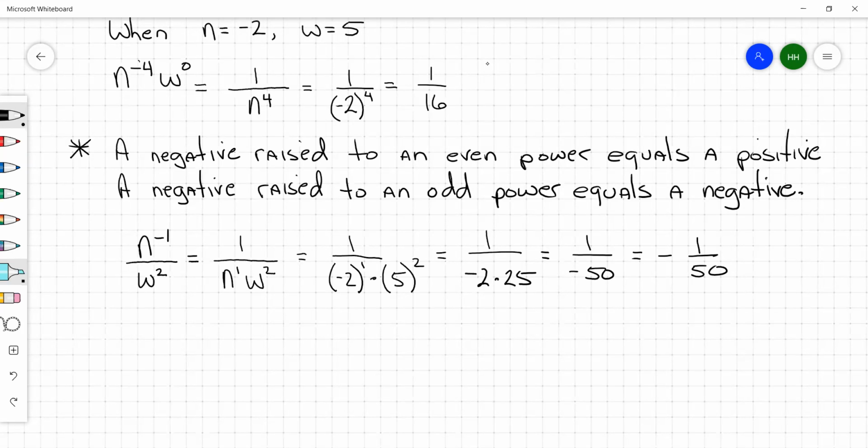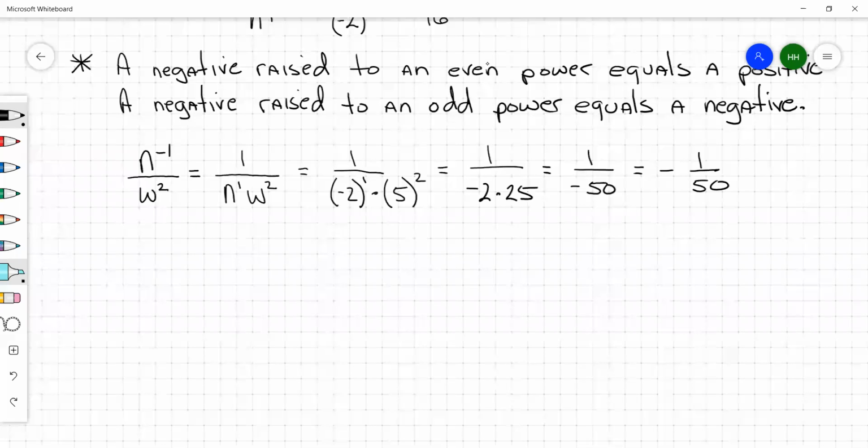All right, let's do one more. Let's do 1 over nw to the negative first. Now, you got to be careful here. This means n times w to the negative first. The only thing to the negative first power here is this w, not the n.